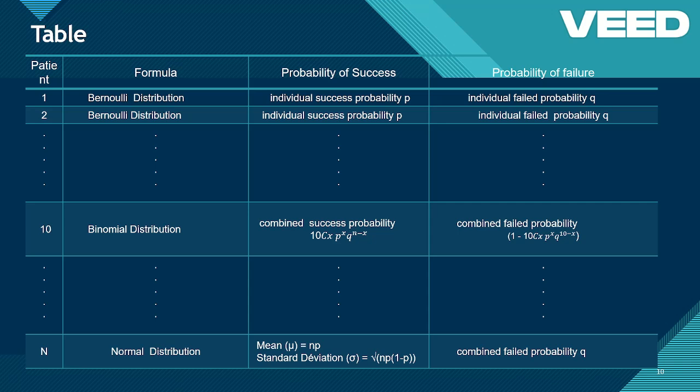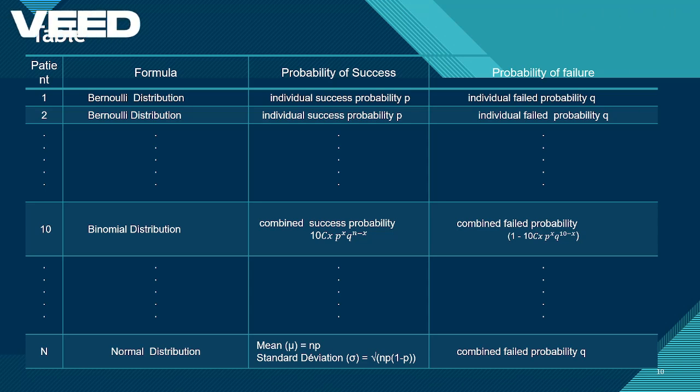If we are going for a large population, then the binomial distribution is converted into the normal distribution with mean equal to NP and standard deviation equal to the square root of NP into 1 minus P, and the combined failure will be Q.